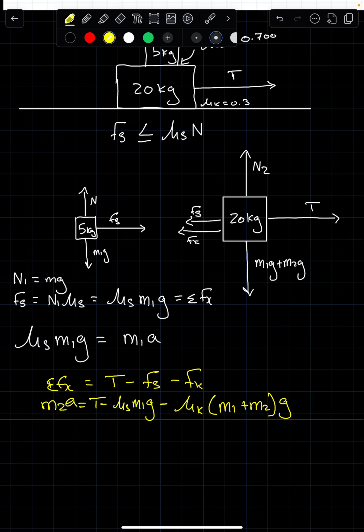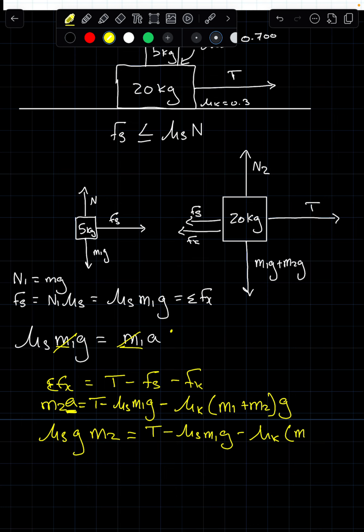Now, let's use this one, right? If we divide M1 and M1, we get a equals mu s g. So let's substitute a as mu s g: mu s g M2 equals T subtract mu s M1g subtract mu k times M1 plus M2, the whole times g.